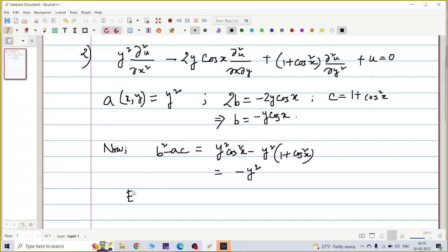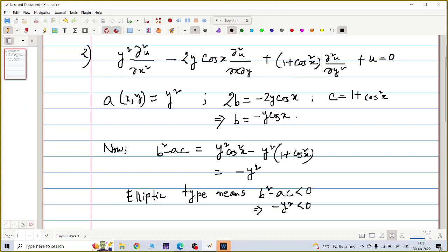So b square minus ac is negative, that means minus y square is negative.